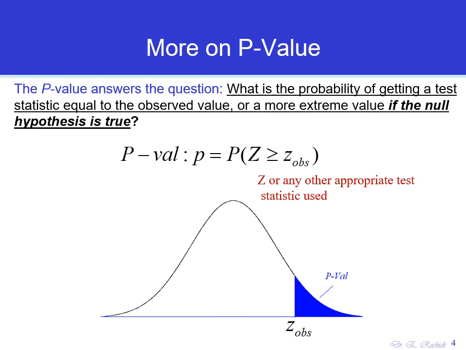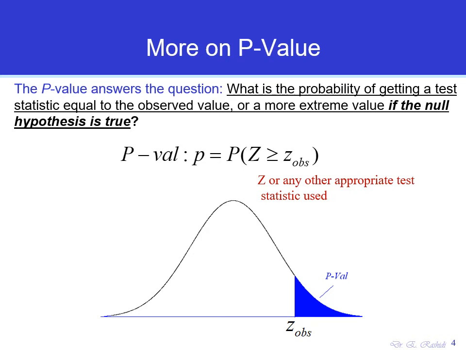So we assume that the null hypothesis is true. Based on that assumption, the p-value is the probability of getting the test statistic that we observe or a more extreme one.